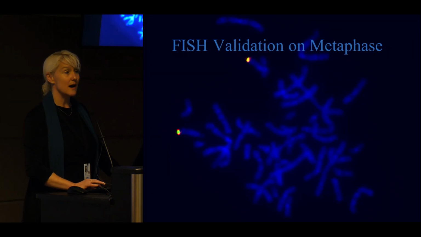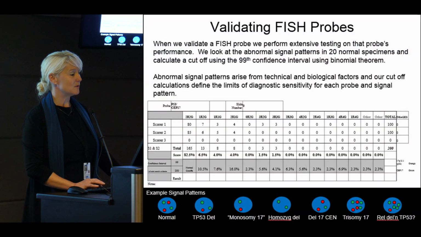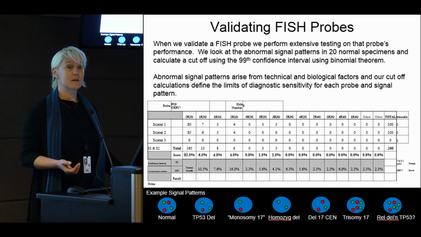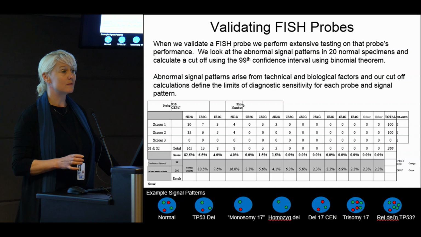In that sense, we validate all our probes on metaphases, and we do an extensive amount of validation using normal cells of the tissue that we're interested in. And this is to detect any abnormal patterns due to tissue artifacts, process artifacts, and overlapping cells.